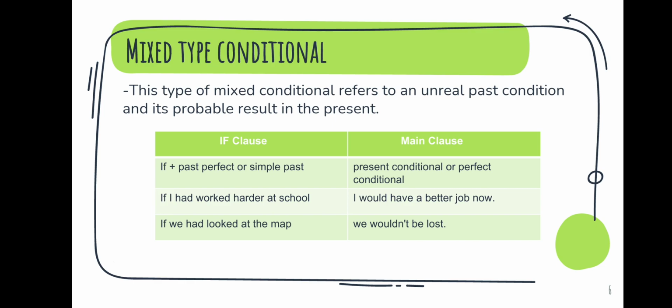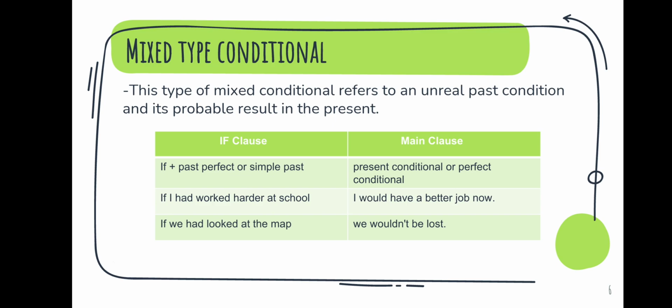With mixed conditionals, it is possible for the two parts of a conditional sentence to refer to different times, and the resulting sentence is a mixed conditional sentence. There are two types of mixed conditional sentences. The first focuses on the present result of a past condition.